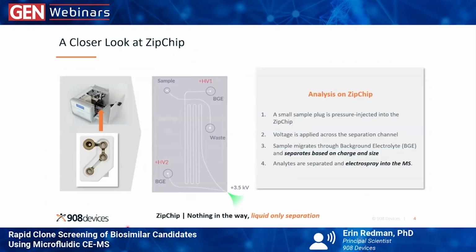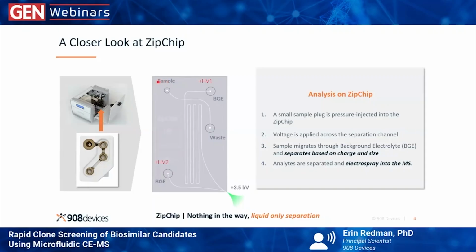Like I mentioned, with ZipChip, we perform our capillary zone electrophoresis separations using microfluidic technology. This is very different from your typical capillary-based CE system. Our chips fit into the interface where it makes all of the fluid and electrical connections.